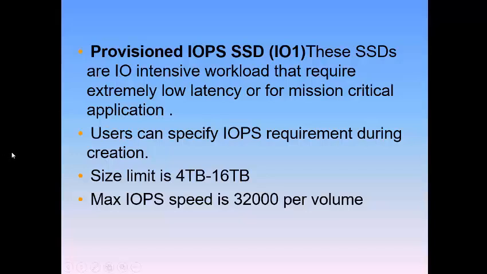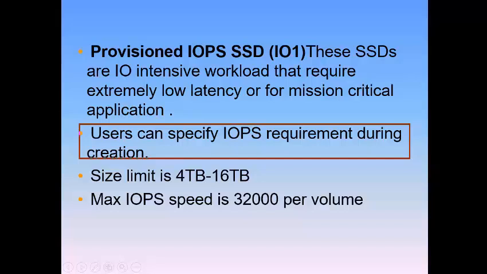The user can specify IOPS during creation. As per my application requirement, I can mention how much IOPS I require. Keep it in mind, as much as you increase IOPS, cost increases. That you also have to consider.